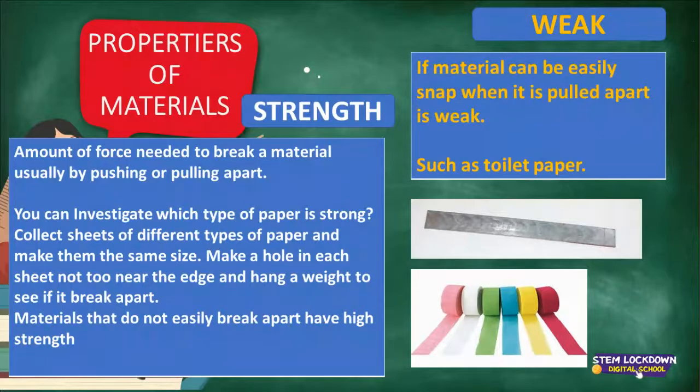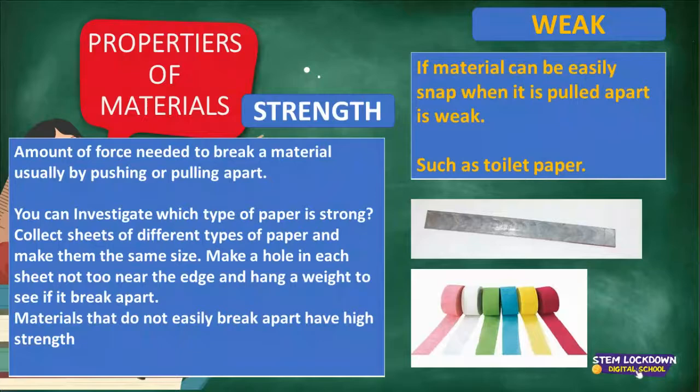Now, on the weak part, if a material can easily snap when it is pulled apart, then it is weak, such as toilet paper. If you can see on the 2 pictures below, I have got the first shiny material, which is a metal, and the ribbons made from paper.